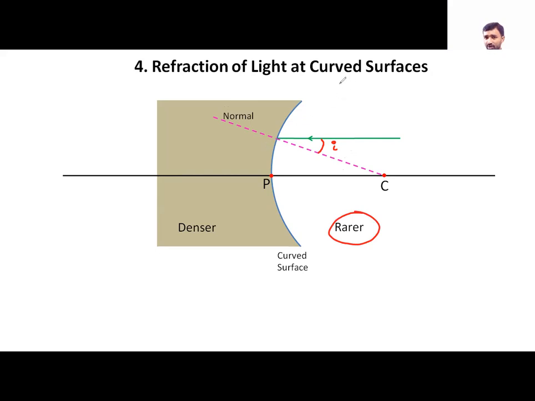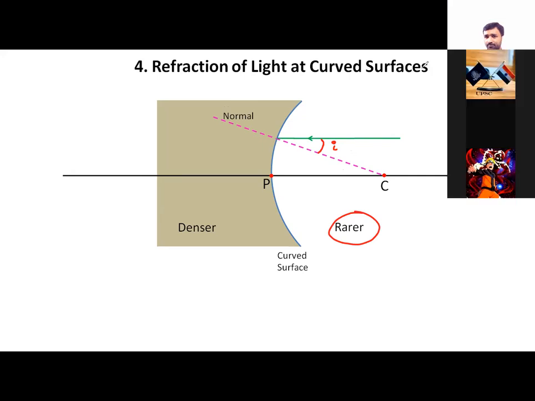If a light ray propagates from rarer medium to denser medium, anybody? Rarer to denser, it bends towards the normal. Towards the normal means the angle of refraction increases or decreases? Decreases. So it becomes less than i. So it comes closer to the normal. So a smaller angle, right?